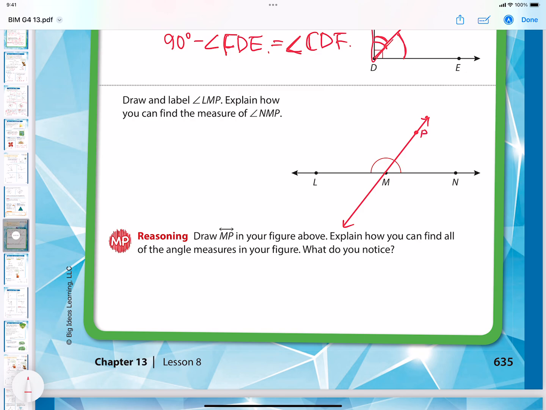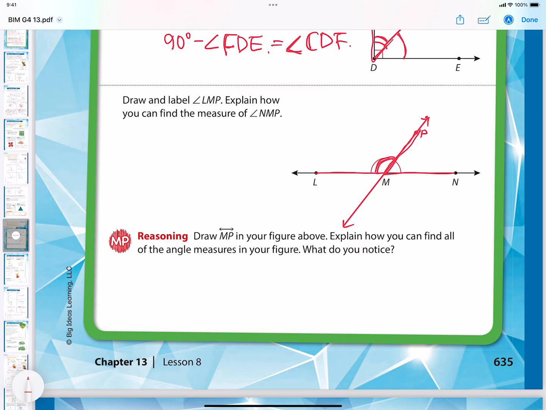And LMP, that one I need to find this angle. And explain how you can find the measure of NMP. Oh, okay, NMP we need to find out.